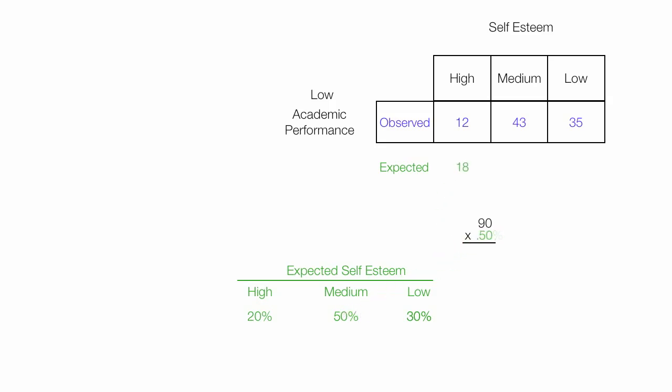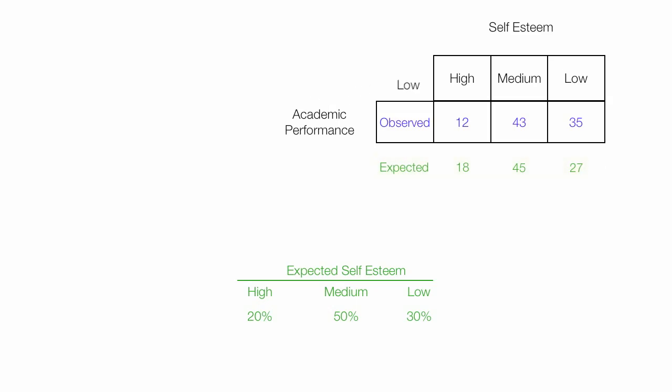The next is 50% of 90, or 90 times 0.5, which is 45. Then finally 90 times 0.3, which is 27. Now if I add 18 plus 45 plus 27, that is equal to 90. That's my sample size. And again, I have a row of observed and what I expect.